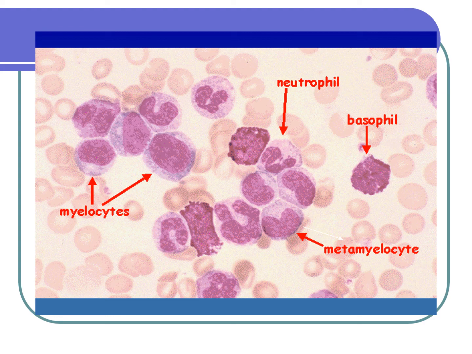This figure shows the peripheral blood of a CML case. As you see here, the patient has myelocytes, metamyelocytes, neutrophils, and basophils. So all different maturation stages of the myeloid series are present in the peripheral blood of a CML case, in addition to basophils and eosinophils.